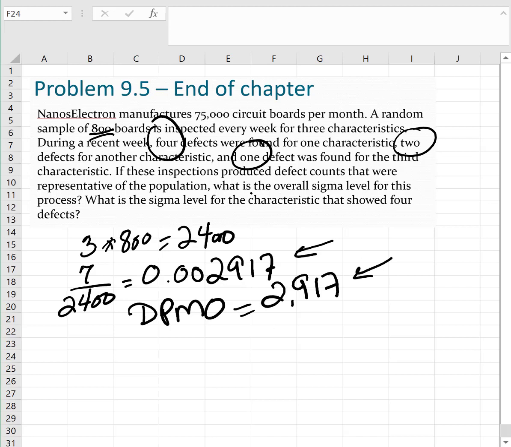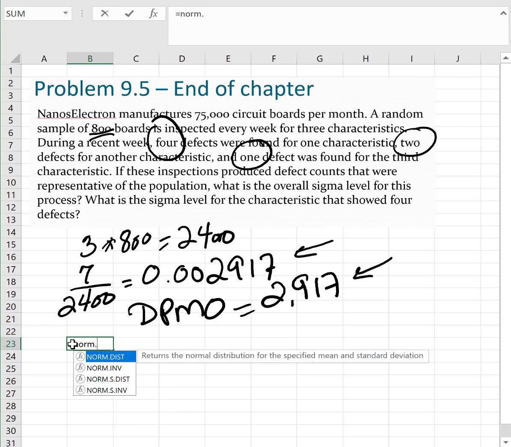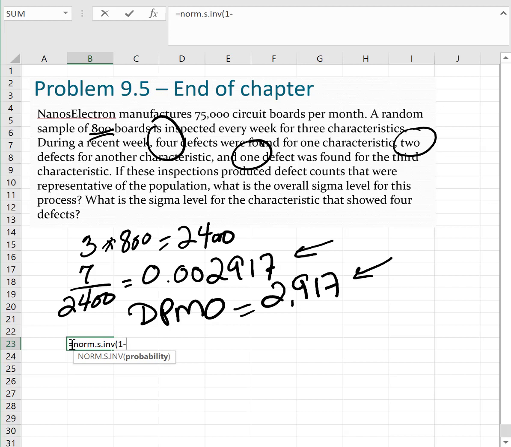Then we need to compute the sigma level. So again, the sigma level equals NORM.S.INV of 1 minus 0.002917, plus a shift of 1.5.